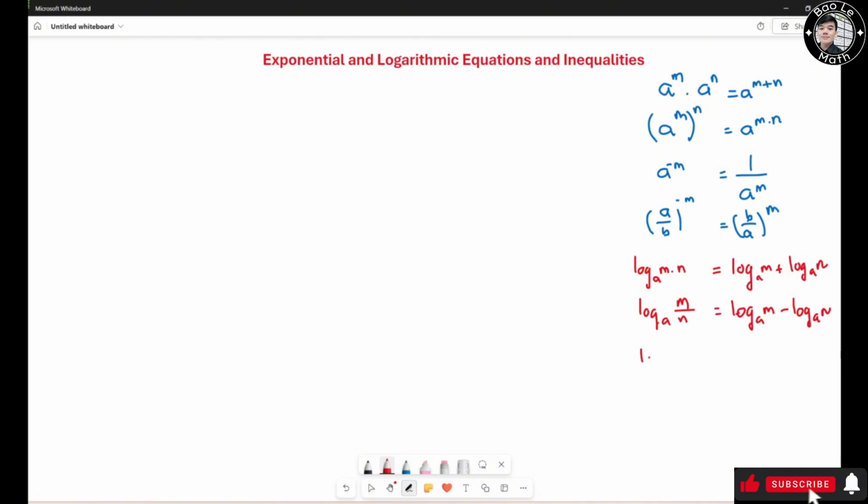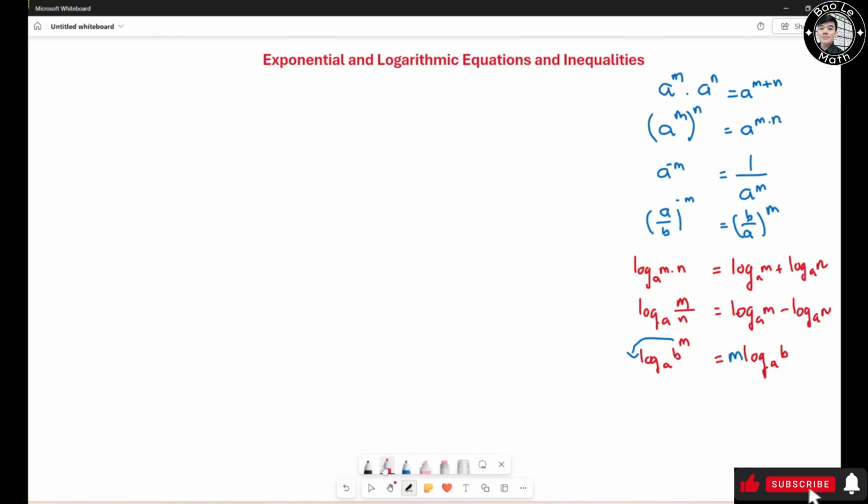Now if you have log base a of b to the power of m, you can bring this one to the front. It turns out to be m times log base a of b.